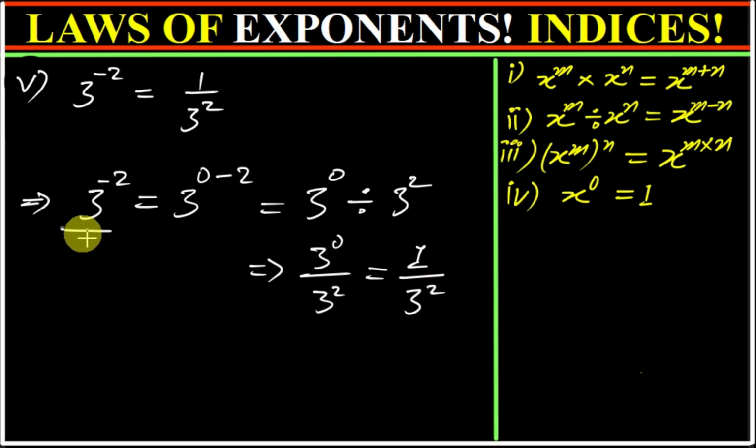See, 3 raised to the power minus 2 is equivalent to 1 upon 3 raised to the power 2. So if any number has a negative power, it can be written in the form of a reciprocal, like 1 upon 3 raised to the power 2. This is our fifth law of exponents, that x raised to the power minus m is equal to 1 upon x raised to the power m.